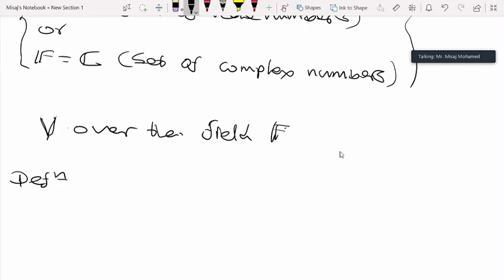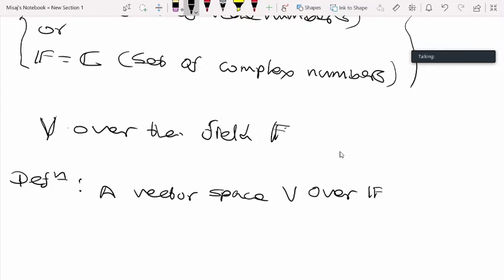A vector space V over F. F, in general we denote R or C. So here I am going to take R or C.